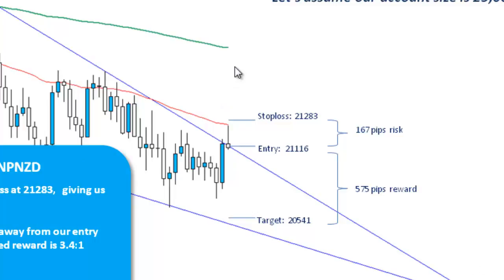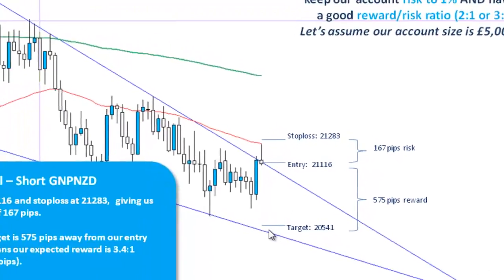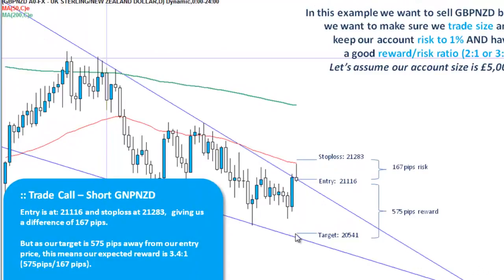And we've got a difference of 167 pips between our entry price and our stop loss. And we've forecasted the target down here at this trendline support. Our target is 575 pips away from our entry price. So lo and behold, we divide 575 pips by 167.